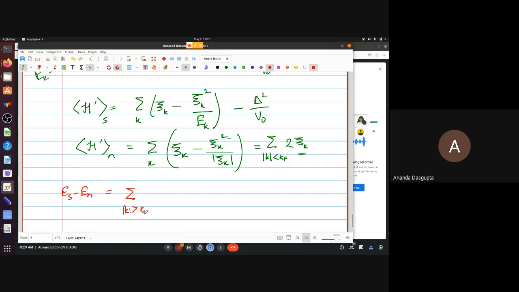For mod k greater than kf, this quantity just stays whatever it is, right? Because there is no contribution from here. But for mod k less than kf, what happens? There you take away twice xi k from this. So you get minus xi k. And then, of course, you have minus delta square by V0.